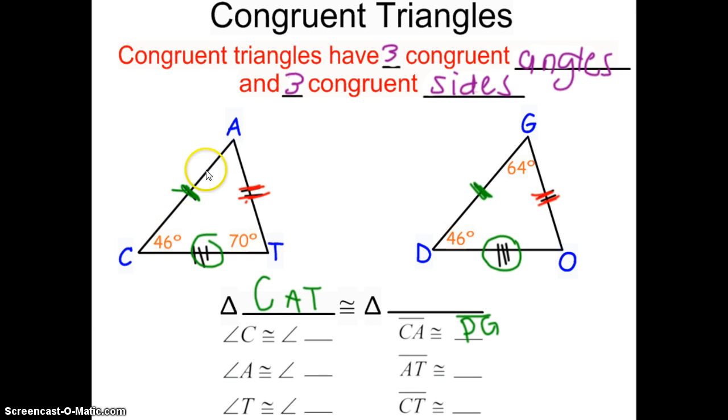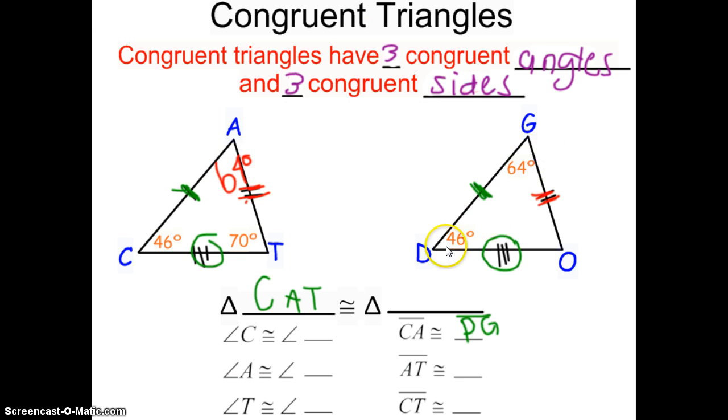So here I'm given that angle C is 46 degrees, angle T is 70, angle D is 46, and angle G is 64. So if this angle is 46 and this angle is 70, this means that my angle A has to be 64 degrees because there's 180 degrees in a triangle.